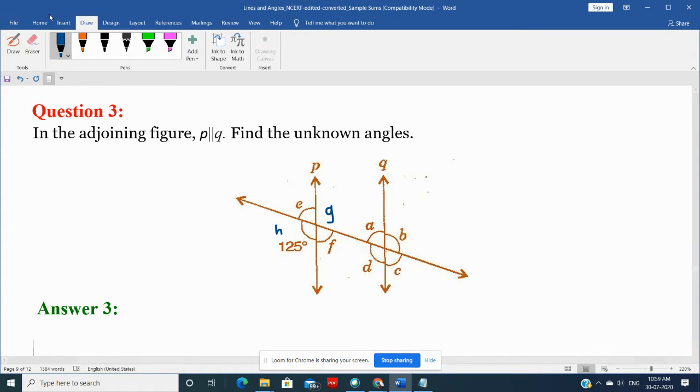And we know that to find out vertically opposite angle, we just try to find out one cross. Here, if it is 125, then vertically opposite angle is this, that is G. So G also becomes 125. Why? Because vertically opposite angles are always same. So the very first thing we have found out is that G is 125.